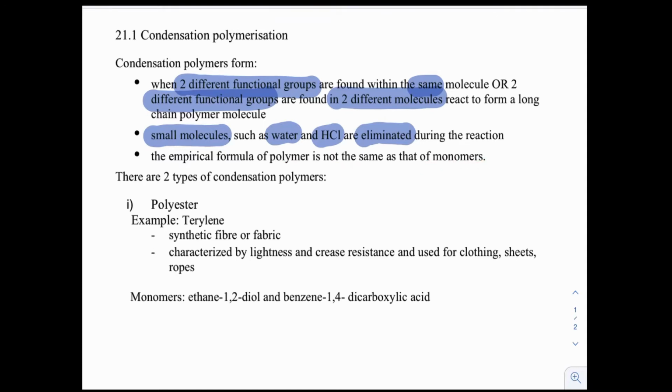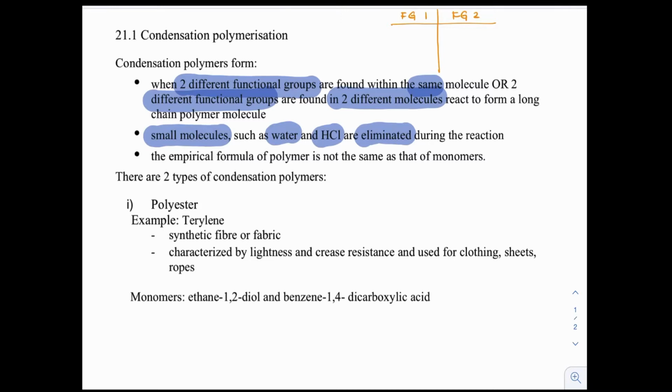as the monomer. So now let us look at the possible functional groups that could react together to form this condensation polymer. Alright, so let me write it down over here. The functional group number 1 and the functional group number 2 will be listed here.